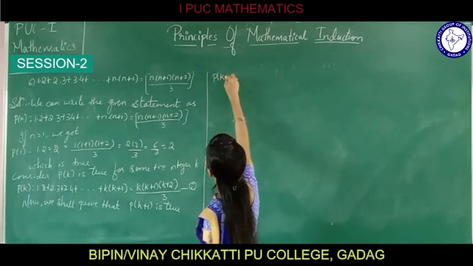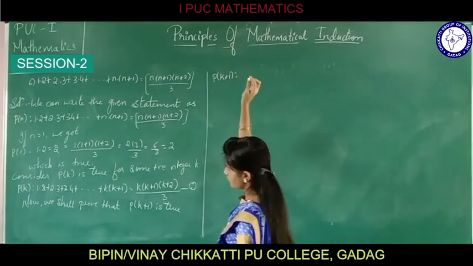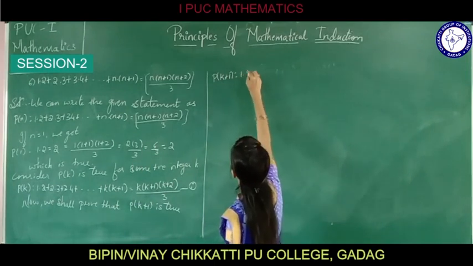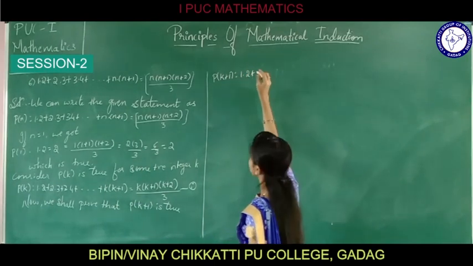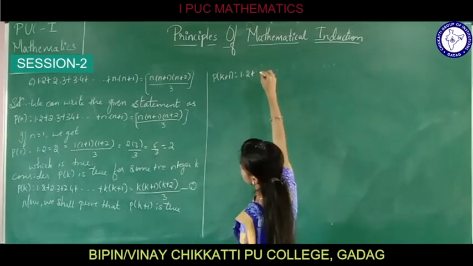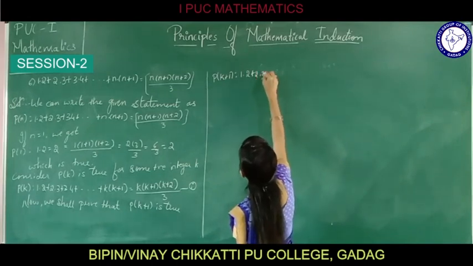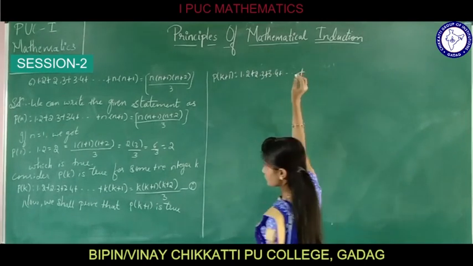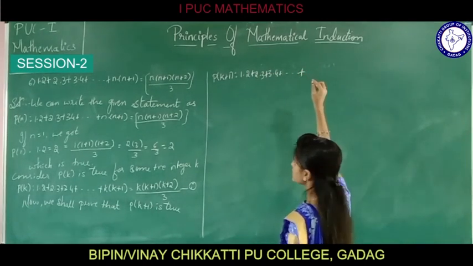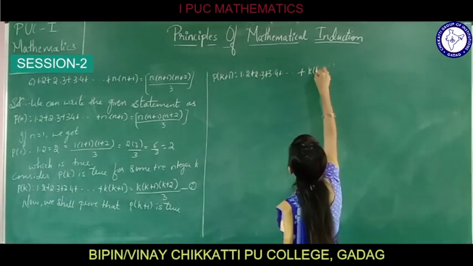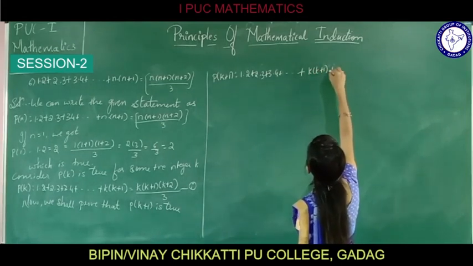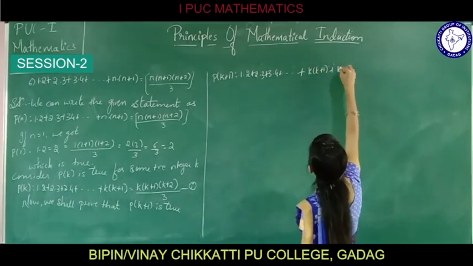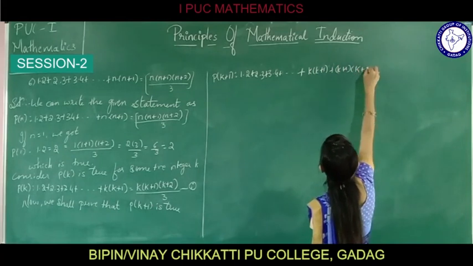P of k plus 1, what is it? 1 into 2 plus 2 into 3 plus 3 into 4 plus so on up to k into k plus 1 plus k plus 1 into k plus 2.